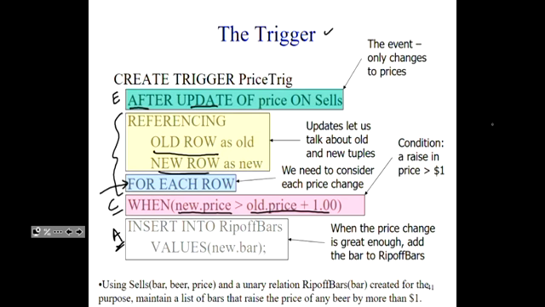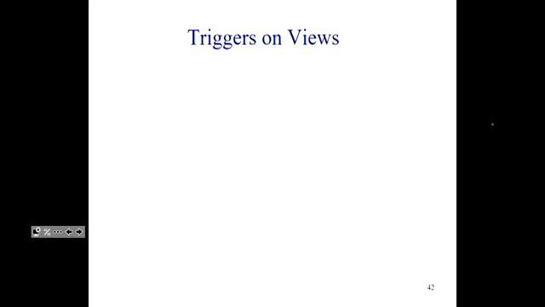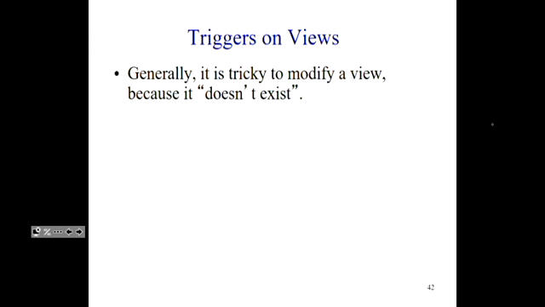Okay, so this was the template. This is an example that we covered in the previous class. Now, an extremely important use case for triggers is as a means to deal with modifications on views. Firstly, it's tricky to modify a view because it doesn't exist. You don't have the data. It's a virtual table.